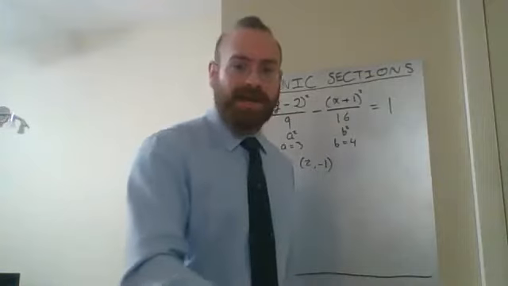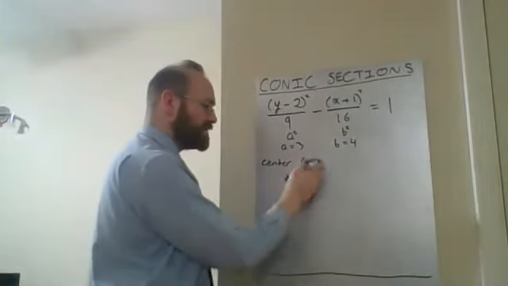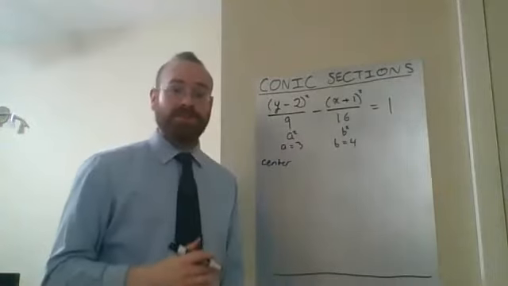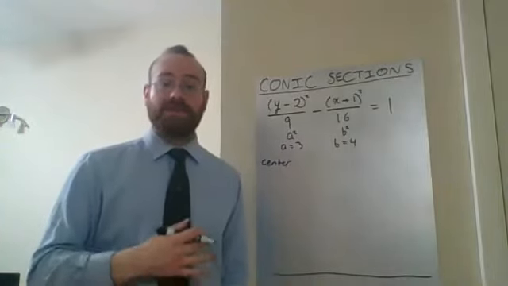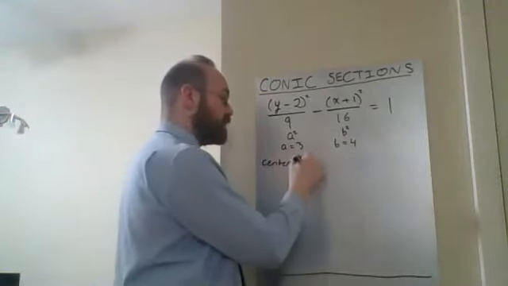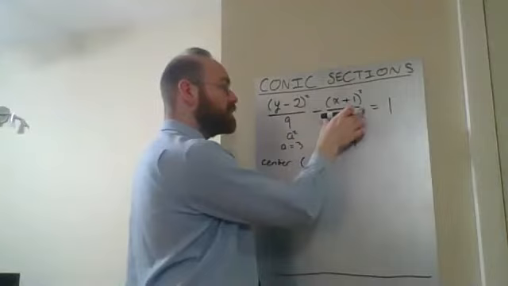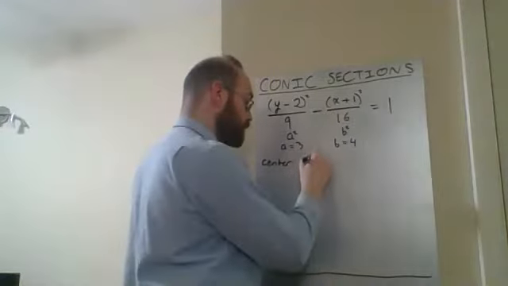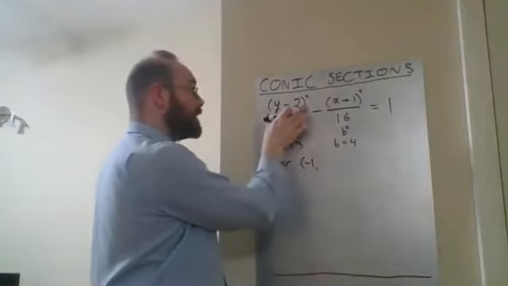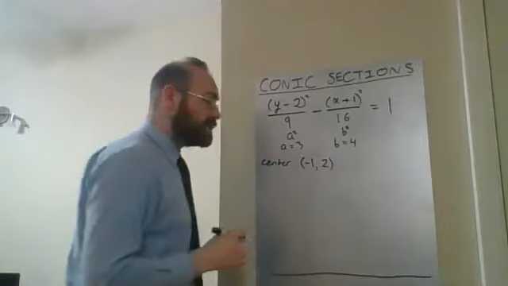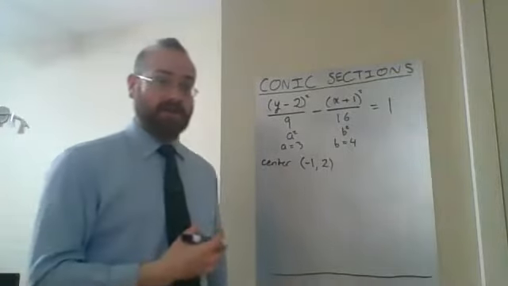But when we're looking at a hyperbola, the x's don't always come first. And so we have to be careful to still grab the x value of the center from our x term. So if I look at x plus 1, this says that h would have to be -1. And if I look at y minus 2, that means k would have to be +2. So our center is -1, +2.